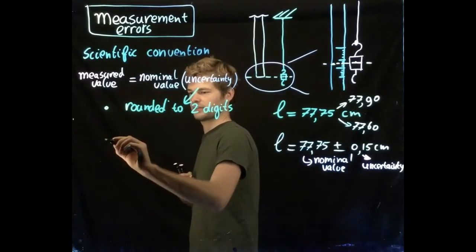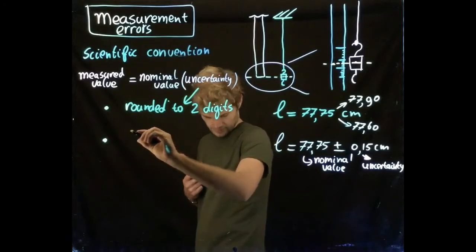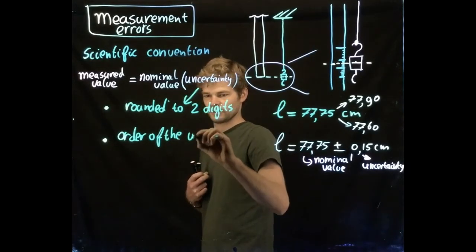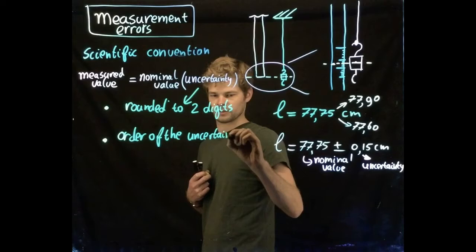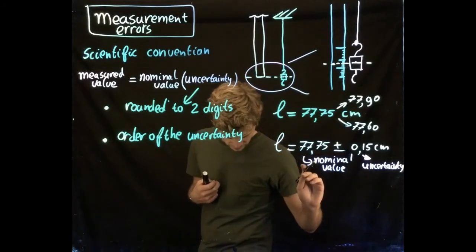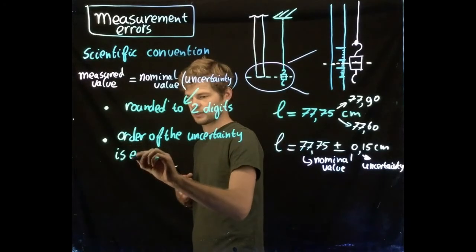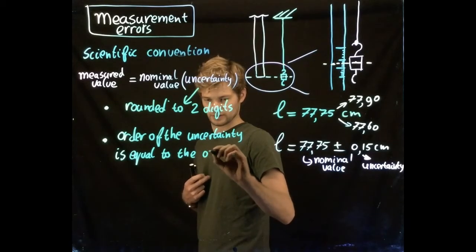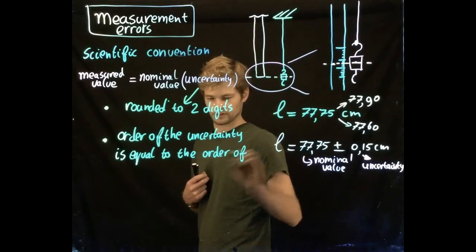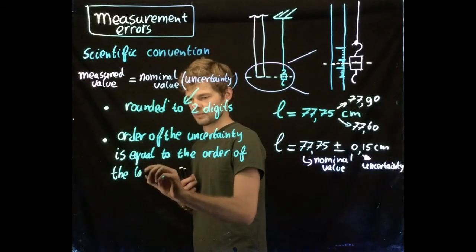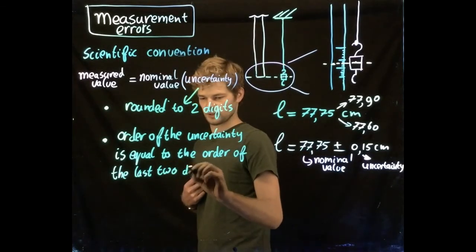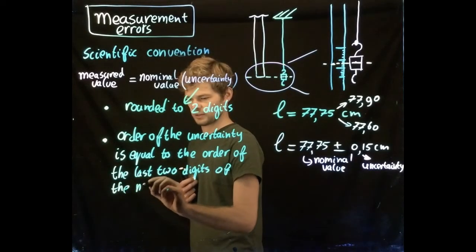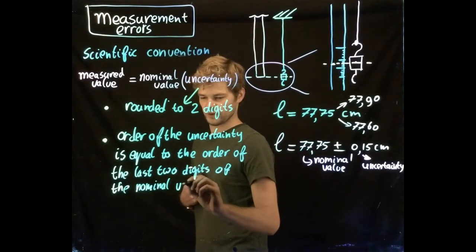The second thing is that the order of the uncertainty is equal to the order of the last 2 digits of the nominal value.